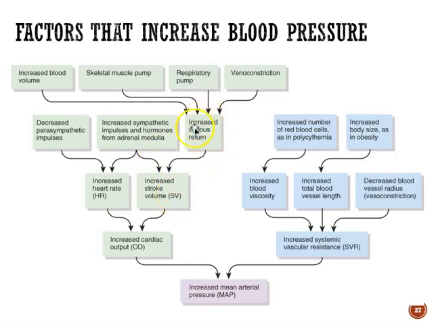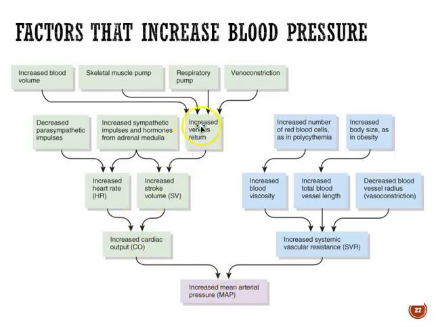If we have more blood returning to the heart, that's also going to increase our stroke volume. If we decrease our parasympathetic nervous system or increase sympathetic, all of that will increase our heart rate as well. So increase heart rate, increases our stroke volume, increases our cardiac output, increases our mean arterial pressure.